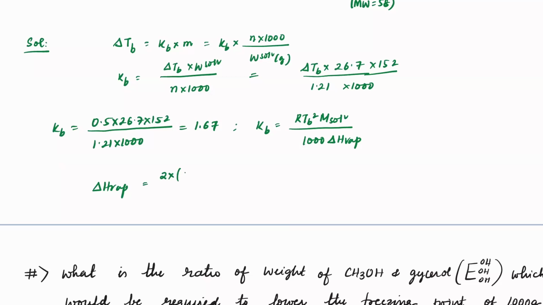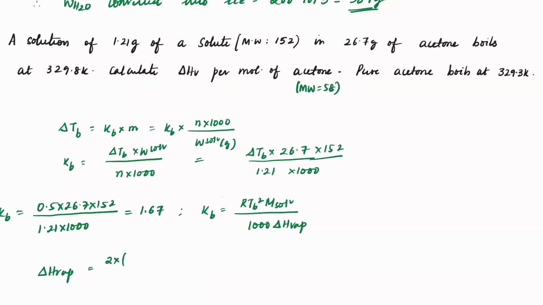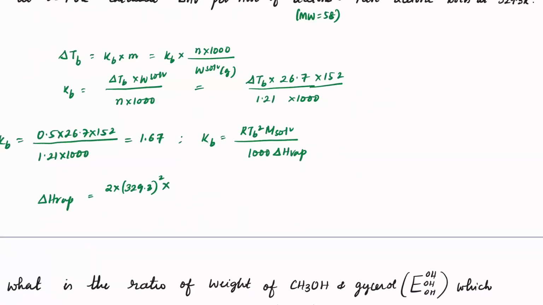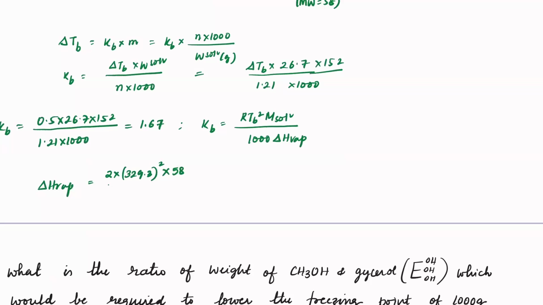This value is 329.3 whole square into molar mass of solvent, which is acetone, 58, upon 1000 into Kb. Kb value is 1.67. Okay. So you multiply all of that.